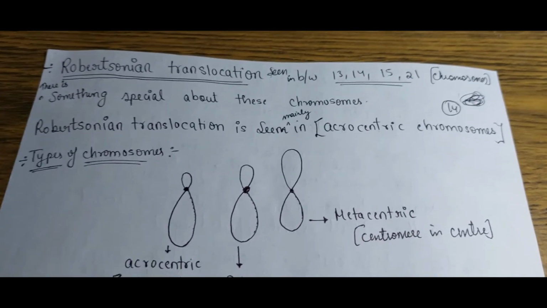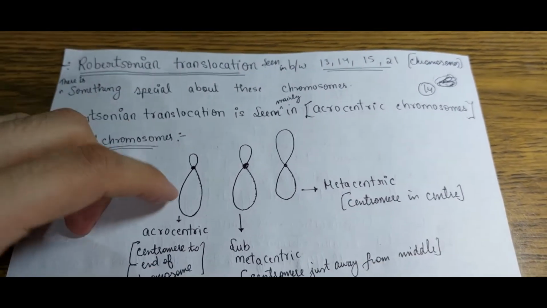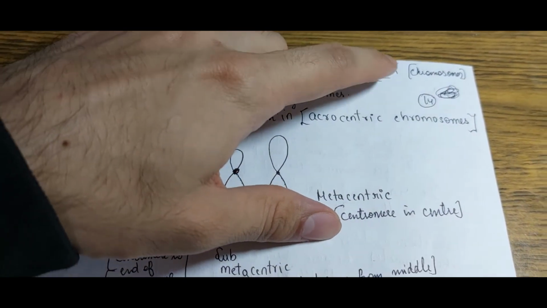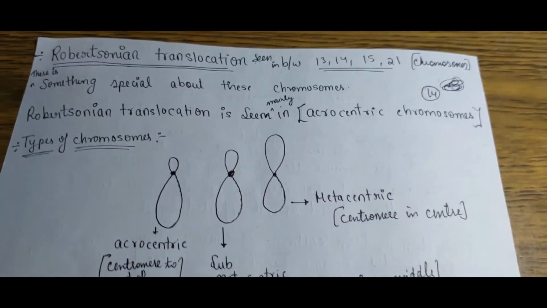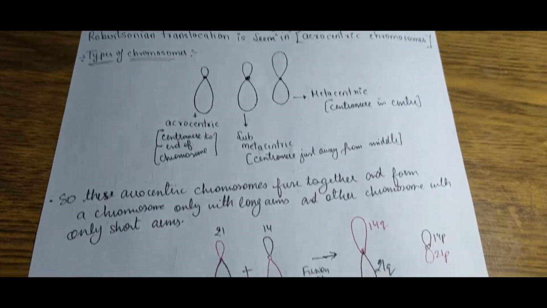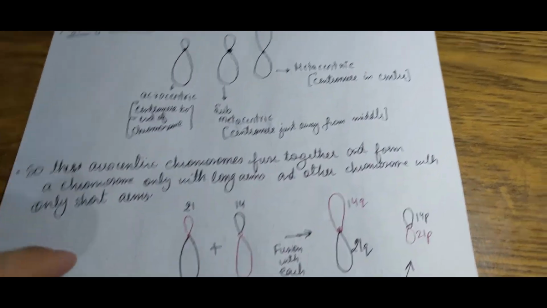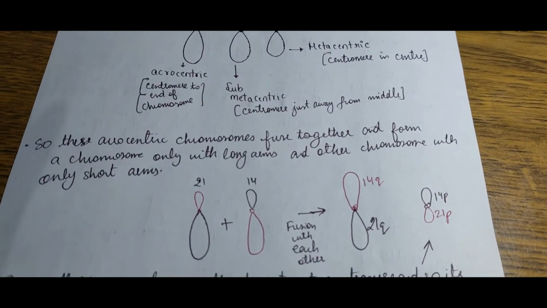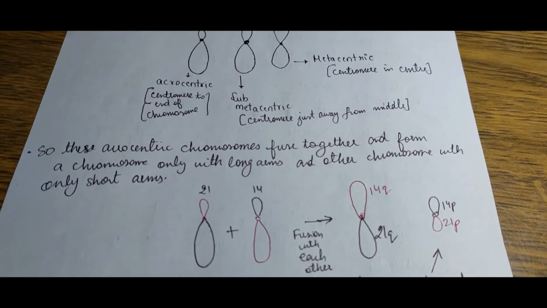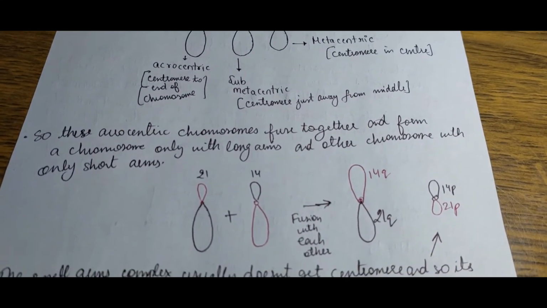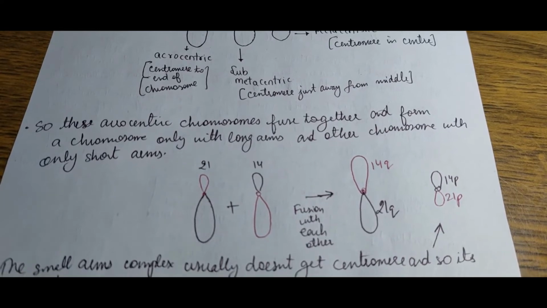And Robertsonian translocation is seen mainly in acrocentric type of chromosomes, and chromosomes 13, 14, 15 and 21 are all acrocentric chromosomes. So what basically happens in Robertsonian translocation is that two acrocentric chromosomes, any of these, randomly, fuse together and form a chromosome which has only long arms and another chromosome which has only short arms.